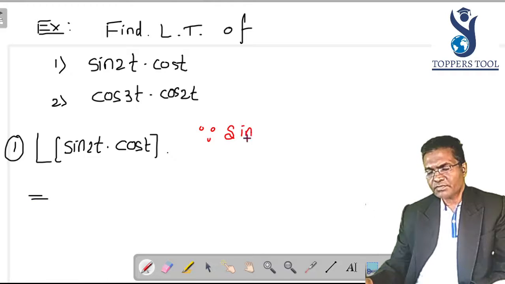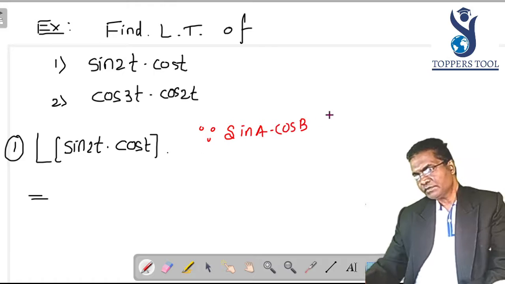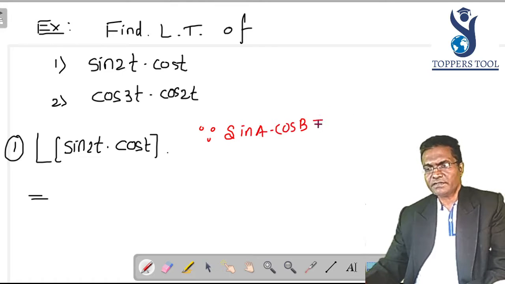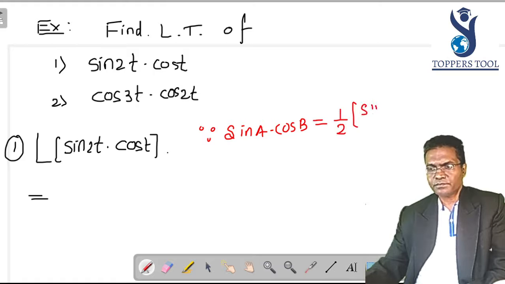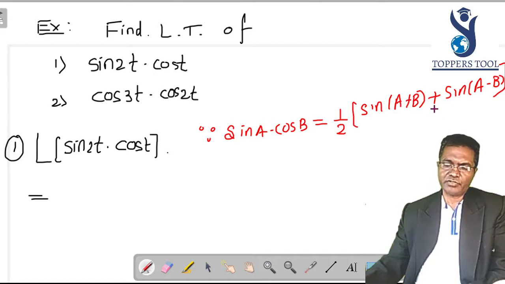So use this sine A into cos B formula. Sine A into cos B is 1 by 2 times sine of A plus B plus sine of A minus B. So you remember this.